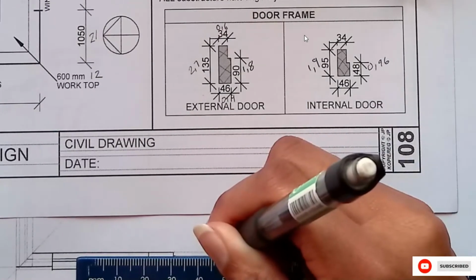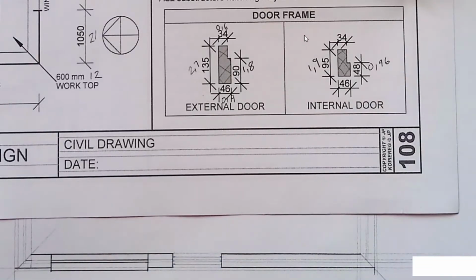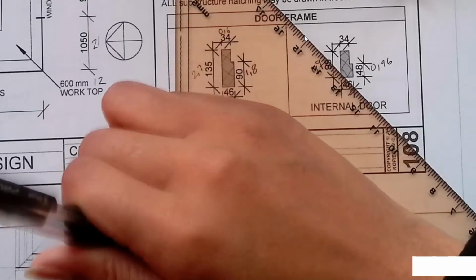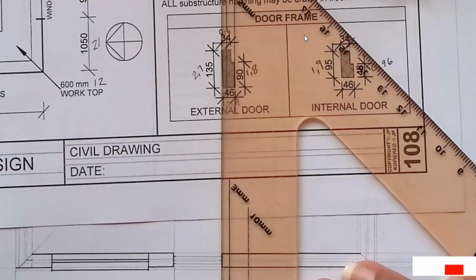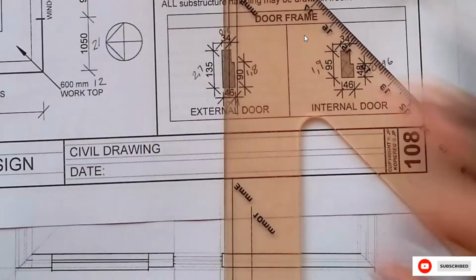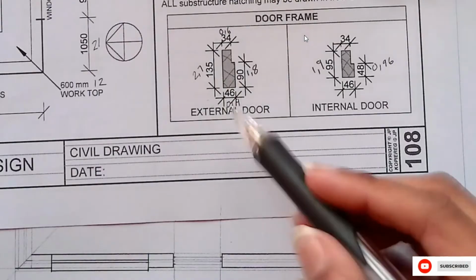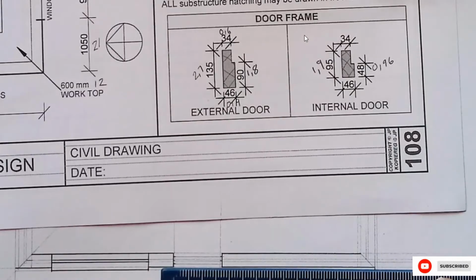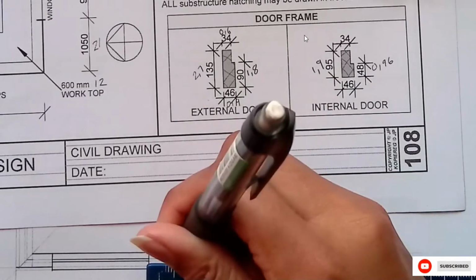This side as well, 0.6. So it's closer to 1. And then once we have that 0.6, we can now measure that 0.9 down there. From the bottom, 0.9, just make it 1 millimeter at this point.